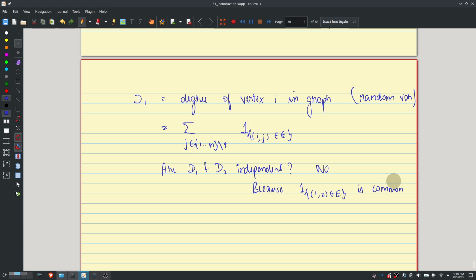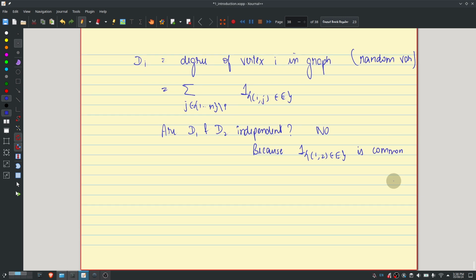In fact, you take any pair (i, j), d_i and d_j are not independent. There's no doubt about that. But in some sense, they're almost independent because there's only one random variable which is common. And we'll see how that helps.